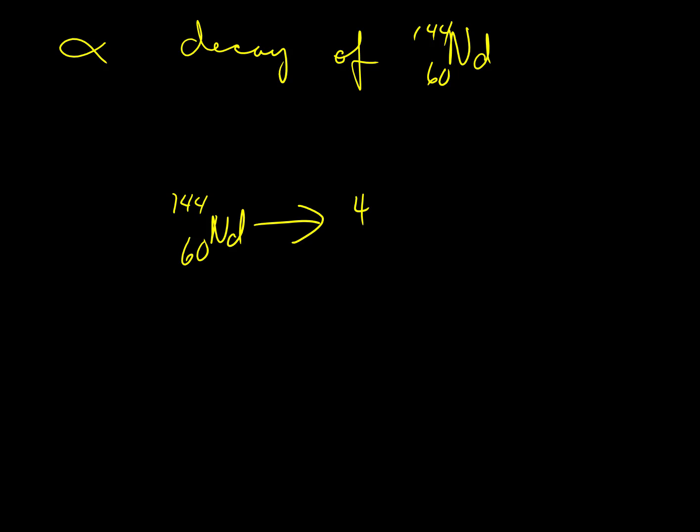And an alpha is 4, 2 He, plus 140, 58. 58 is cerium. Okay. Extra super tough? Okay, here we go.